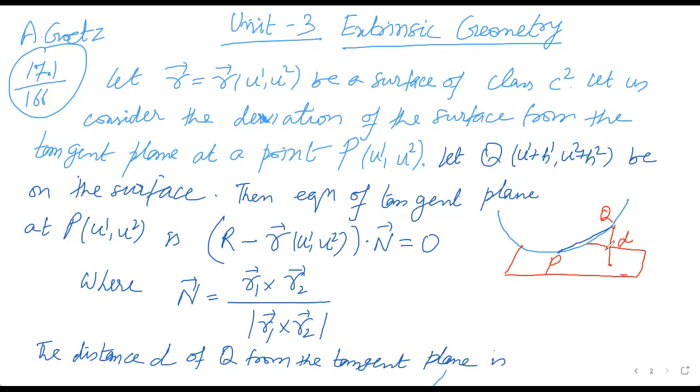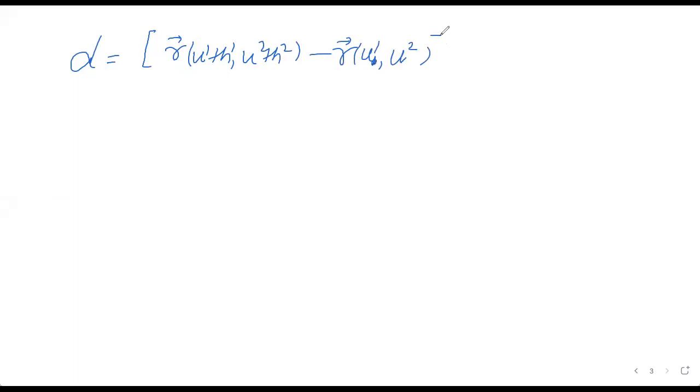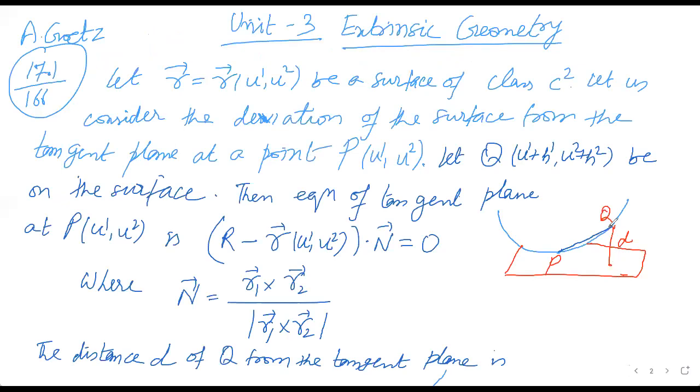D का फॉर्मूला, प्रोजेक्शन से अगर आप निकालेंगे तो क्या हो जाएगा? प्रोजेक्शन क्या लूंगा मैं? This R(u1 plus h1, u2 plus h2), मतलब this is DR. So I can write D is equal to R(u1 plus h1, u2 plus h2) minus R(u1, u2), dot N, ये N है आपका normal, it is normal.